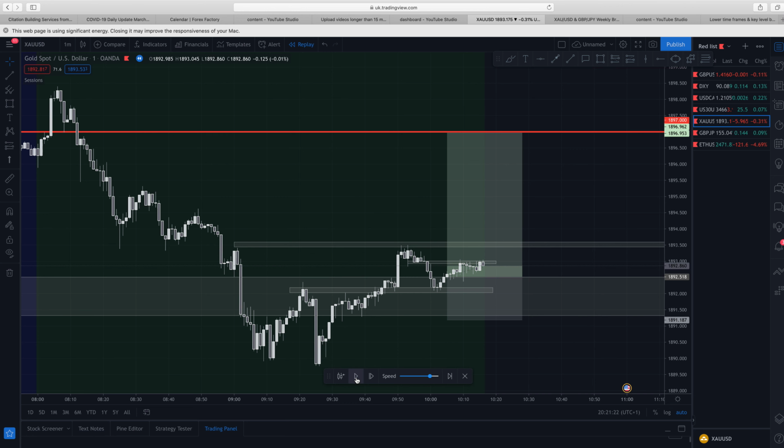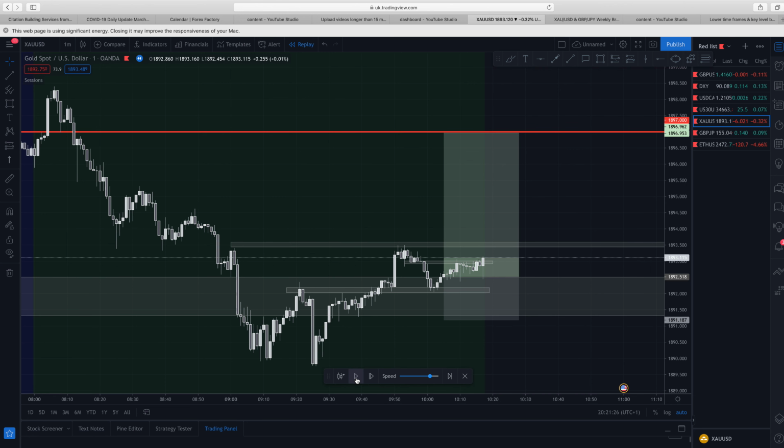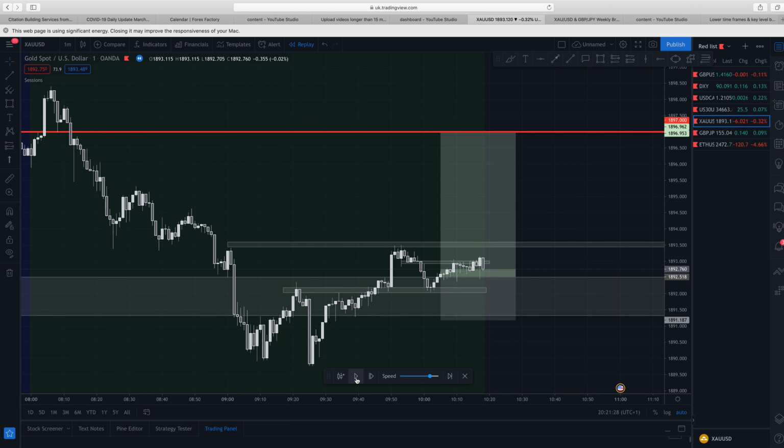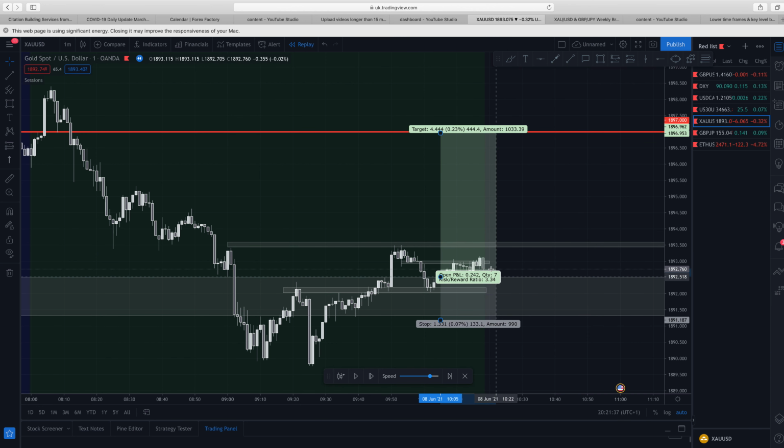That's better. Nothing's really closed above though yet. Yeah, quite indecisive at this point. Probably close out there, and then wait for a close above this high. Let's just close that one out there.